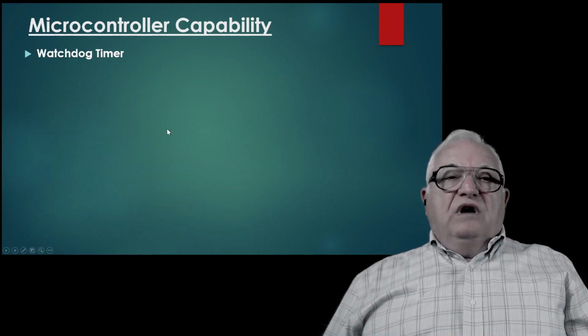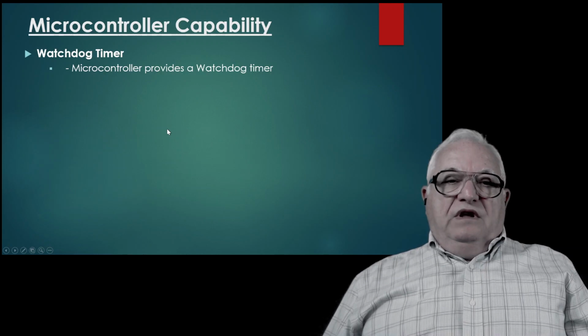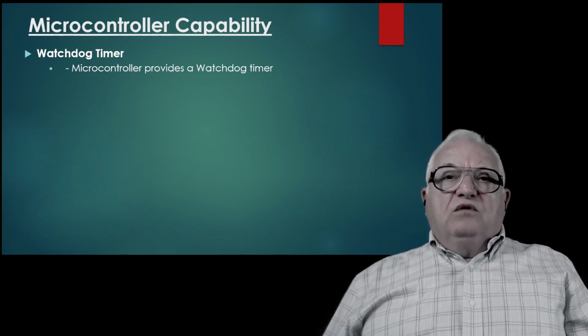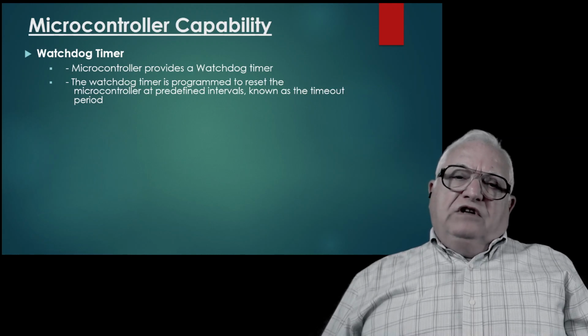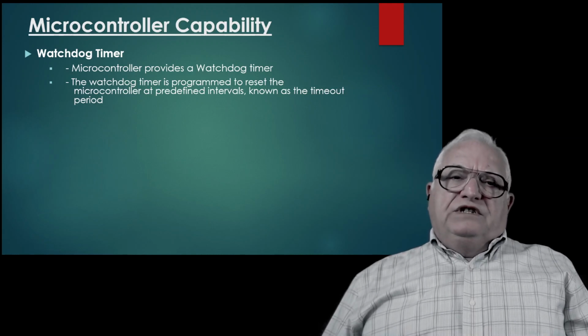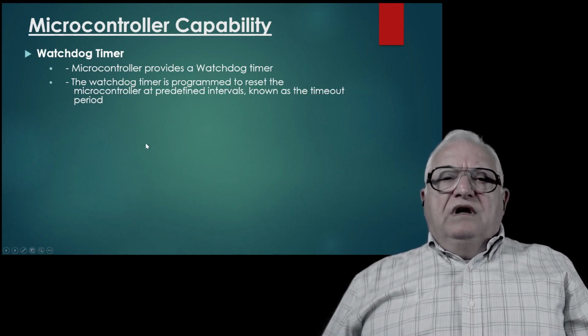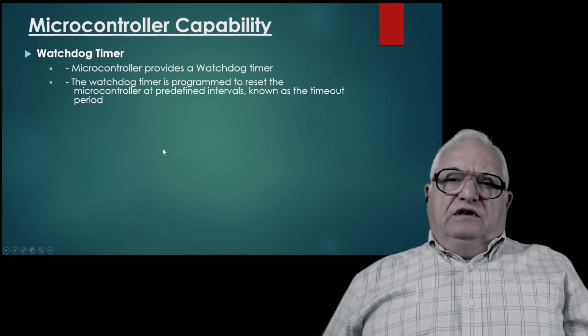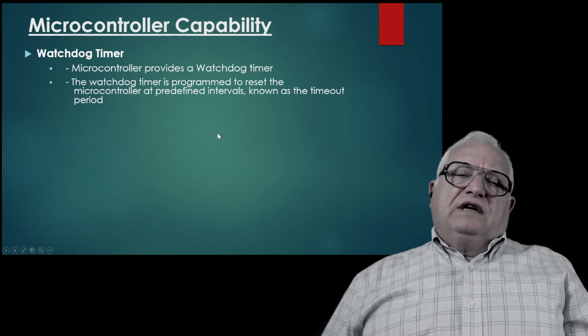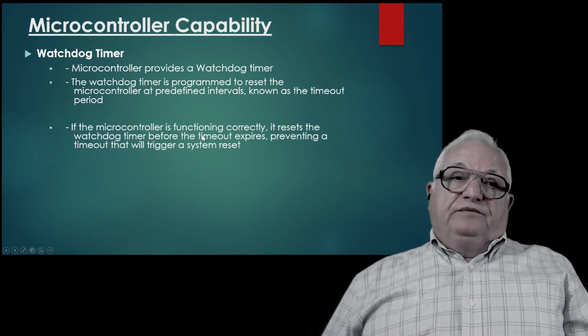Next, let's talk about the Watchdog Timer. The microcontroller provides a Watchdog Timer. The Watchdog Timer is programmed to reset the microcontroller at predefined intervals, and those intervals are known as timeout periods.